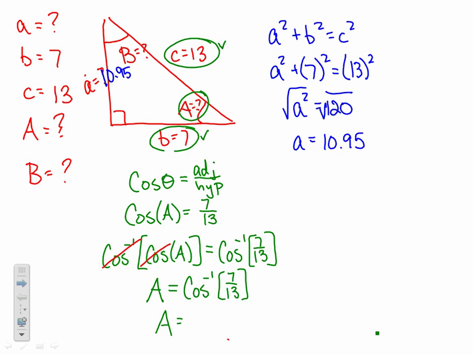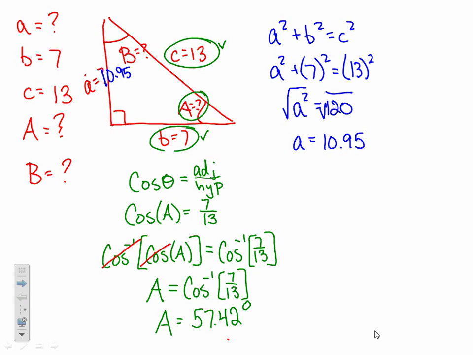So all we have to do is pump that into the calculator. All right. Inverse cosine of 7 divided by 13, and we get 57.42. All right. Inverse cosine of 7 over 13 is 57.42. Now this is an angle, so this is degrees. All right. And so there we have our degrees.